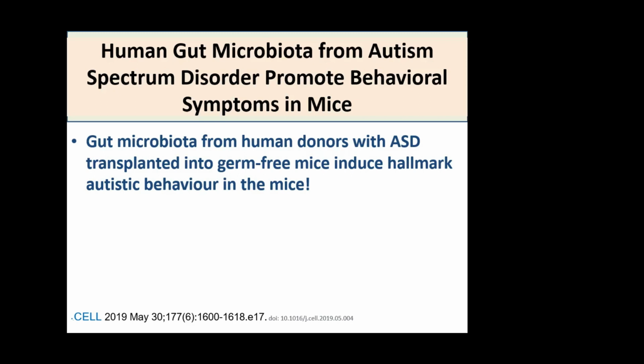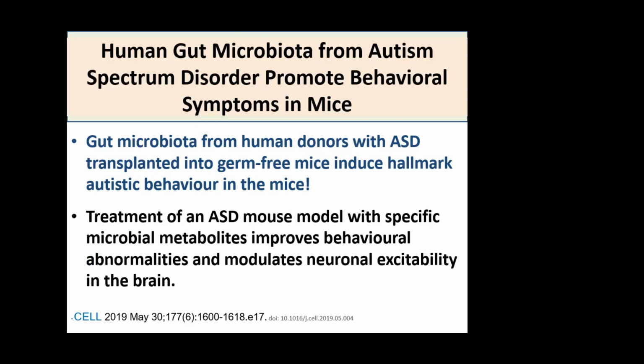From ASD human donors to germ-free mice. The next thing they did was treat the mice that had developed ASD behavior with certain microbial metabolites, which are some of the stuff produced by the microbes.